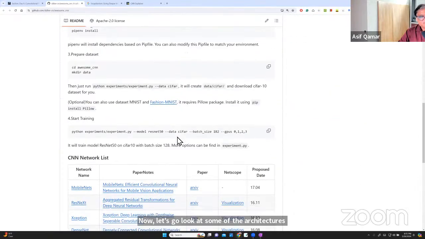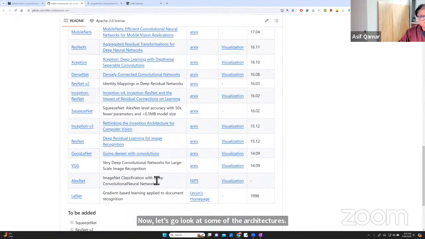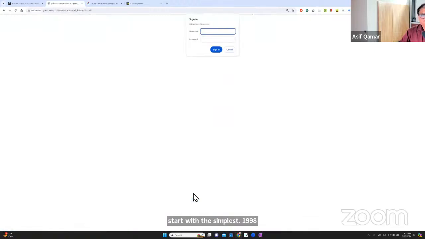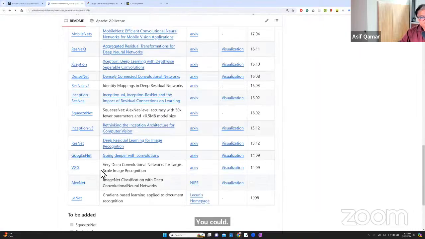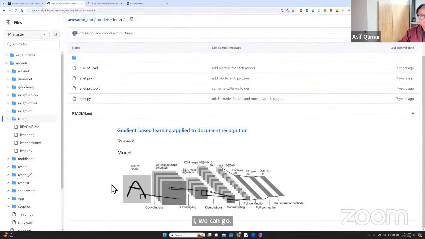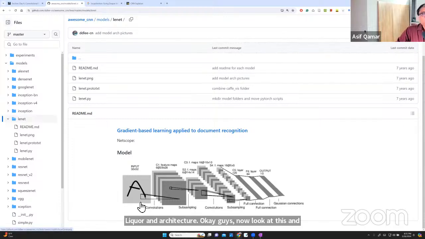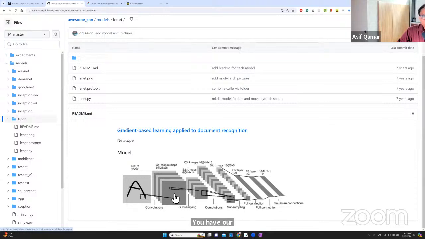When you look at the core architectures, let's start with the simplest, 1998, LeNet. Okay, guys, now look at this and tell me that you can understand what it is. You have an input, let's say the letter A. What are all these?